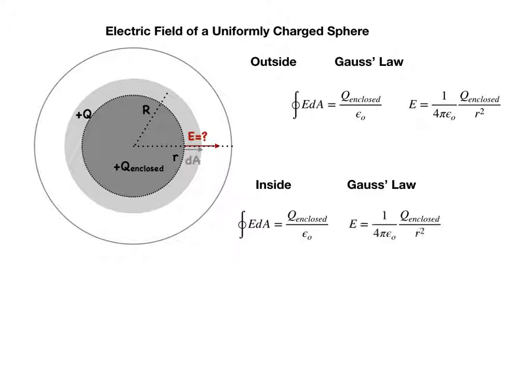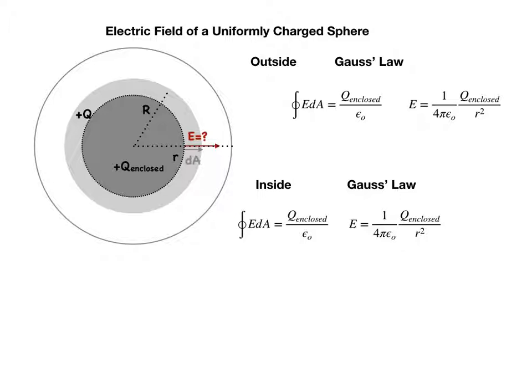But otherwise the steps are the same. The electric field will be equal to 1 over 4 pi epsilon naught times the charge enclosed over r squared. Here again, r is the little r, which is the variable that gives the distance to the location where we're solving for the electric field.